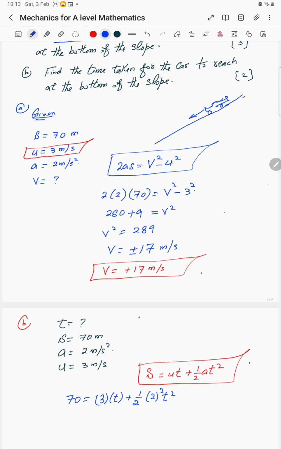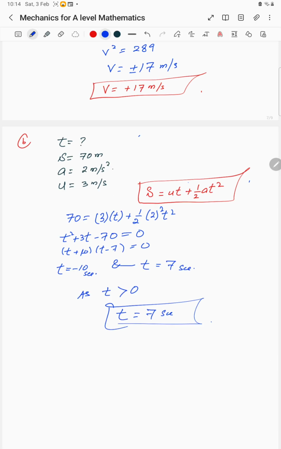The simplification will give us t square plus 3t minus 70 equal to 0. So I can factorize: t plus 10 and t minus 7.